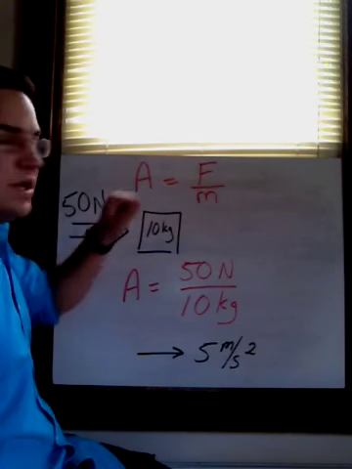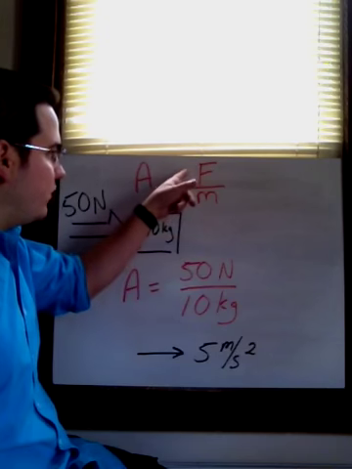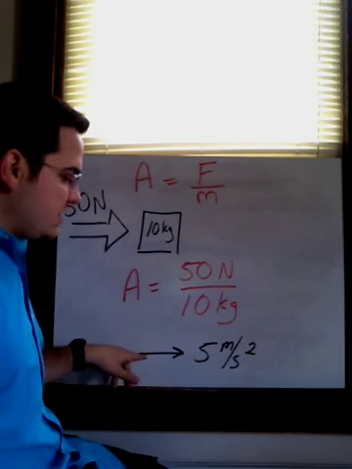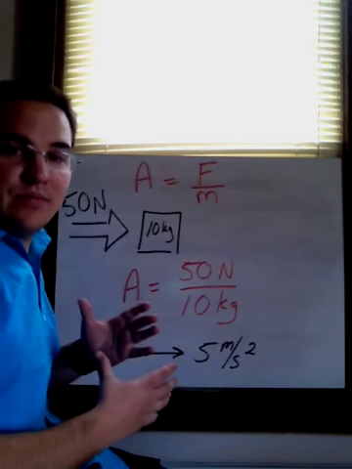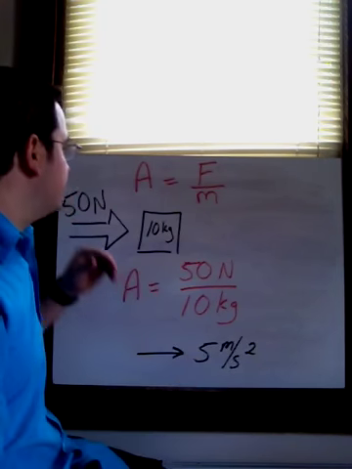All we need to do is put it into the formula. Acceleration equals 50 newtons, our force, divided by our mass, 10 kilograms. So our acceleration is 5 meters per second squared. Again, that's a second way of manipulating the formula, depending on whether we're solving for acceleration or for force.